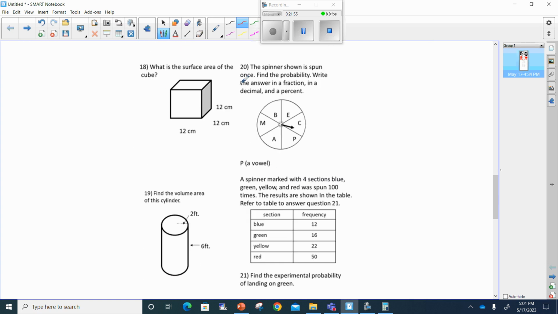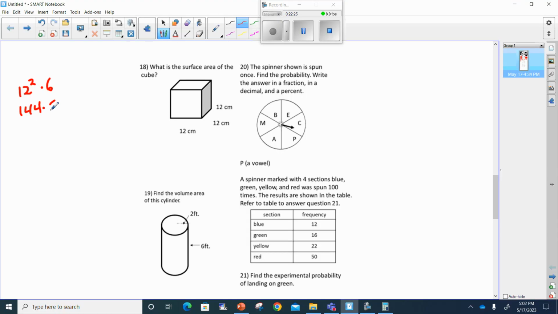All right, we're going on to number 18. What is the surface area of this cube? Well, the surface area of this cube is going to be adding up all the sides. Luckily, all these are 12 by 12 by 12. So we can take 12 times 12. Really, that's 12 squared, right? Whatever our answer was, we're going to multiply it by 6 because there's 6 sides.